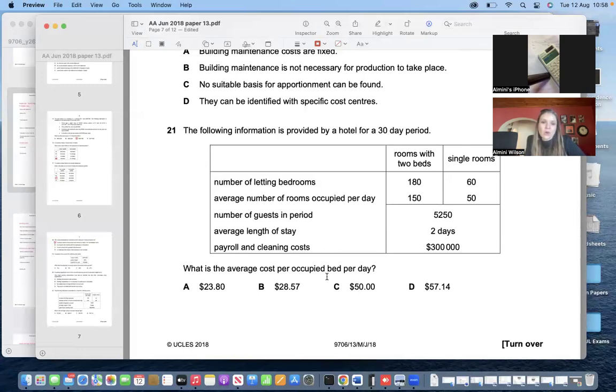So now I want to know what is the average cost per occupied bed per day. So now remember there were only 150 2-bed rooms and 50 singles. I don't know if you want to start writing these things down, but we can also just keep it on the calculator. Let's maybe start a tally together. You mustn't overthink this one.